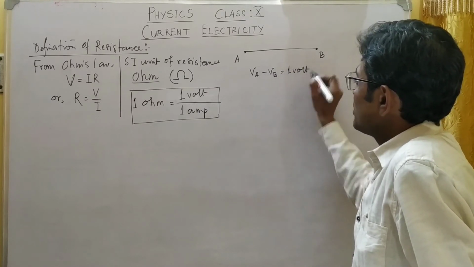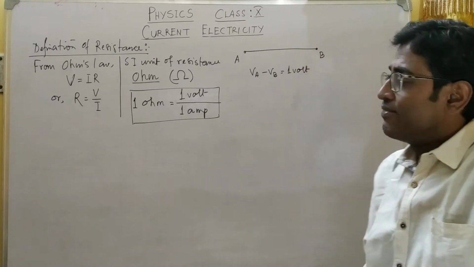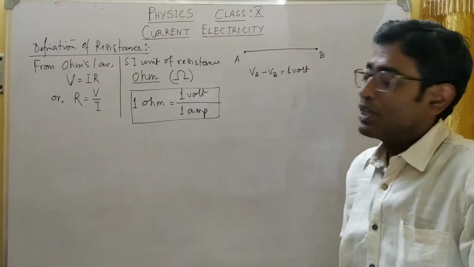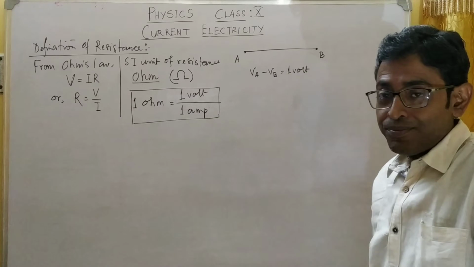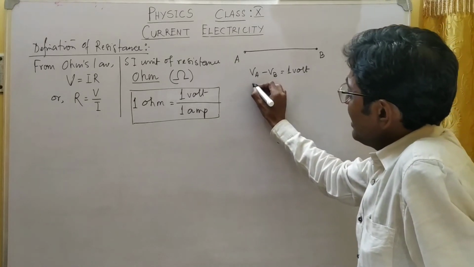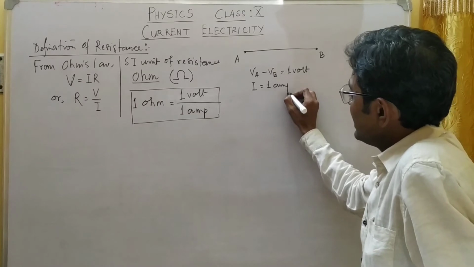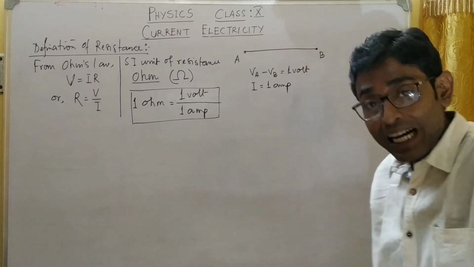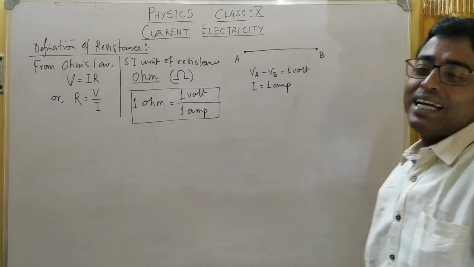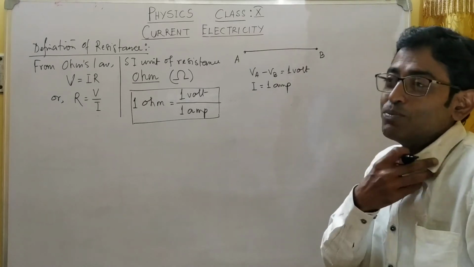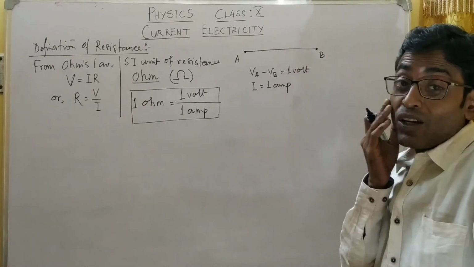What is the meaning of this? The potential difference between the two ends of the conductor is 1 volt and current flowing through it is 1 ampere. If any conductor allows this, then we can tell that the resistance of the conductor is 1 ohm.